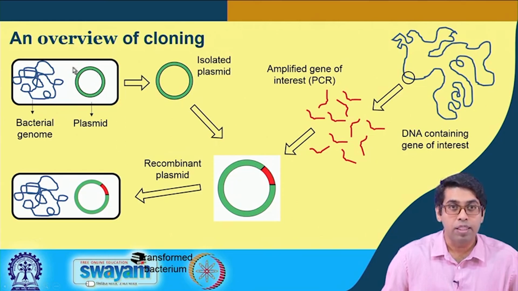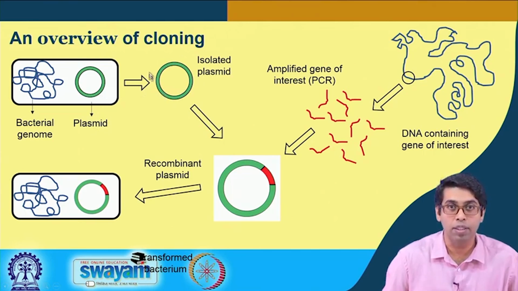If you consider this as a bacteria, this is the bacterial genome. This is its chromosome, which is let us say 1 million base pairs long, and this one is a small circular plasmid which is roughly 6,000 base pairs long. The first step is to extract this plasmid from the bacteria.